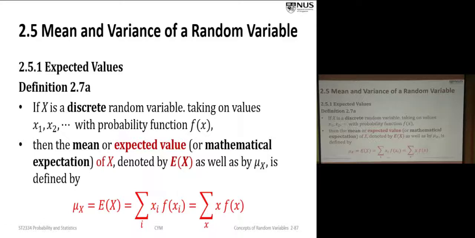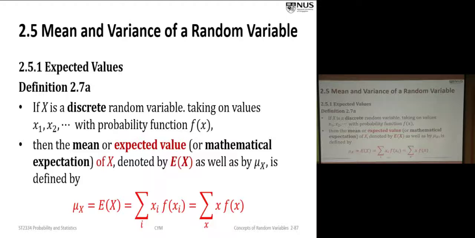So now we move on to talk about something called mean and variance. You can think of it like this. The little f of x, or the probability function or probability density function, or the CDF, all this tells you how the random variable behaves. But maybe it's too difficult. It tells us so many things. I want a simple way to describe or understand the distribution.